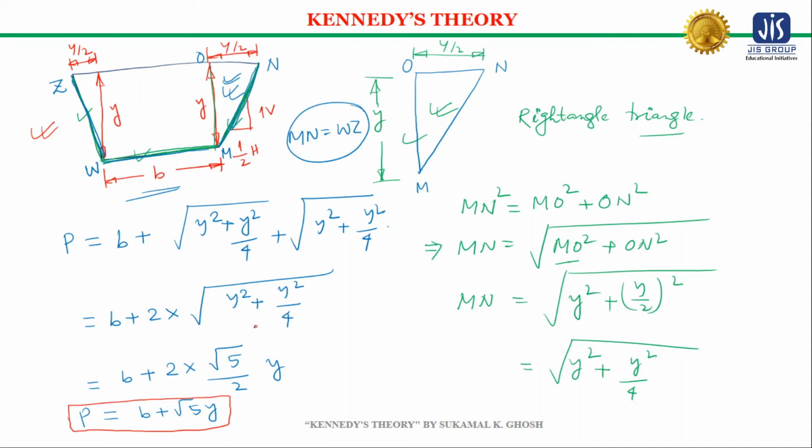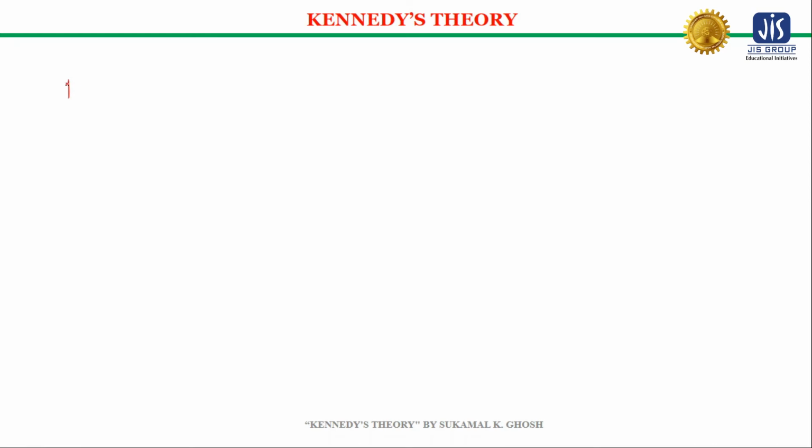Now if in this expression you put the value of B and y, you will get the value of P, meaning the wetted perimeter. So the expression for P we have got is B plus root over 5 into y. So P is equal to, what is the value of B?